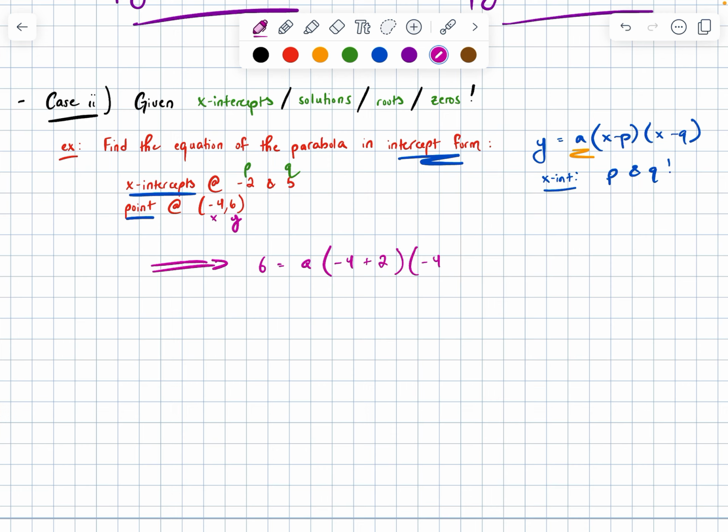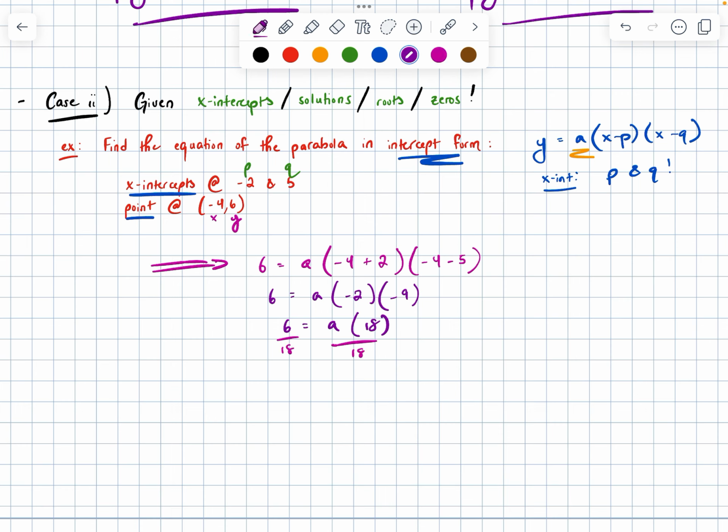And then I've got x, which we saw was -4, minus q, which would be -5. Simplifying here, I've got 6 is equal to a times -4 plus 2, which is -2, times -4 minus 5, which is -9. On the right, if I do that multiplication, -2 times -9 is positive 18.